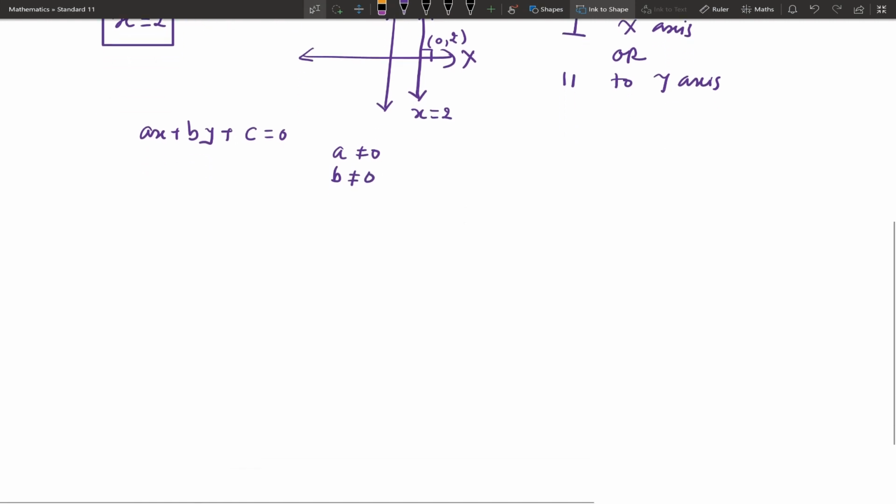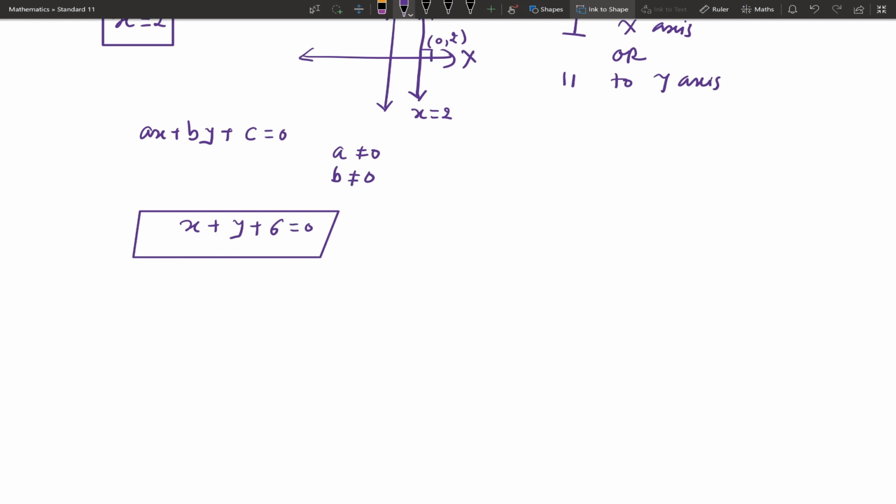For example, consider x plus y plus 6 equal to 0. You can observe this is a linear equation in two variables, x and y, since the power is 1. It represents a straight line. To plot the straight line, two distinct points are required, and for simplicity we will take points on the axes.